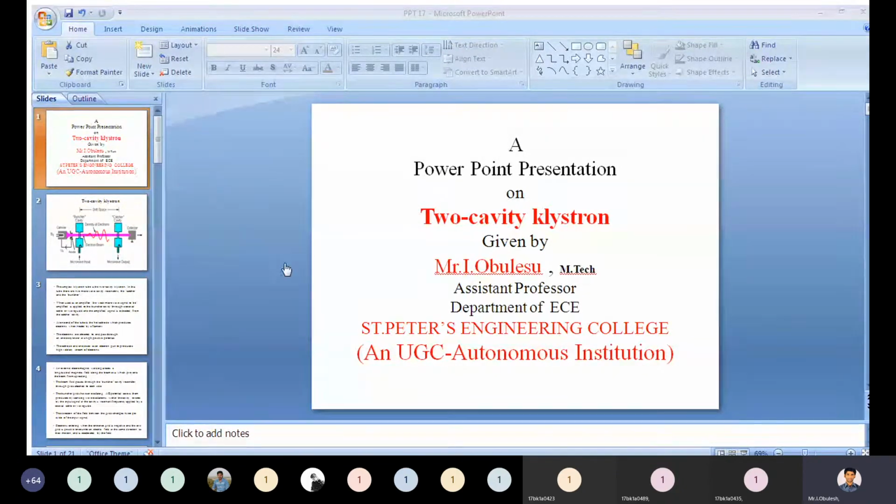The electrons entering a half cycle later, when the polarity is opposite to the first half cycle, encounter an electric field which opposes their motion and are decelerated.